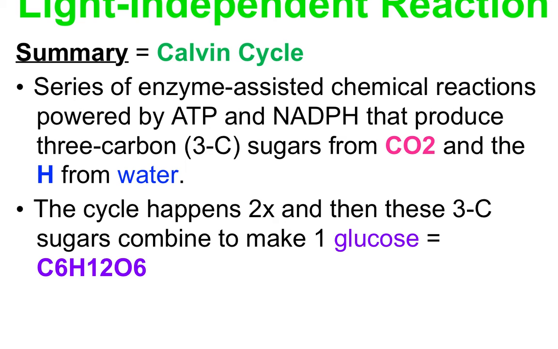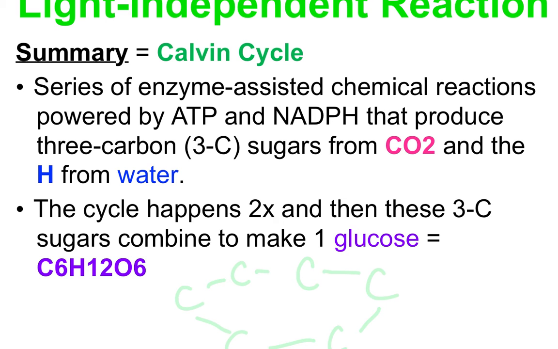And then the cycle happens 2 times. And then these 3 carbon sugars combine and they form 1 glucose. Because remember, glucose, which is C6H12O6, is a 6 carbon. So it's carbon, carbon, carbon, carbon, carbon, carbon, 1, 2, 3, 4, 5, 6.